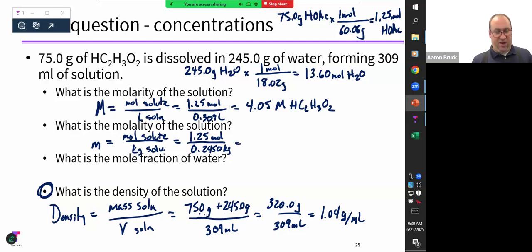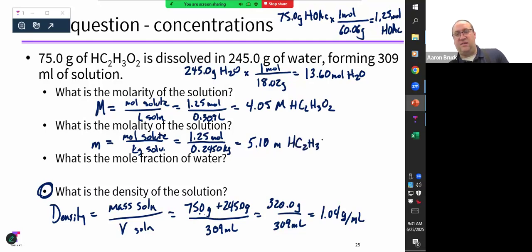So 1.25 divided by 0.245 would be 5.10. So there's my number, rounded properly. My unit is molal, lowercase m, and my substance is acetic acid.